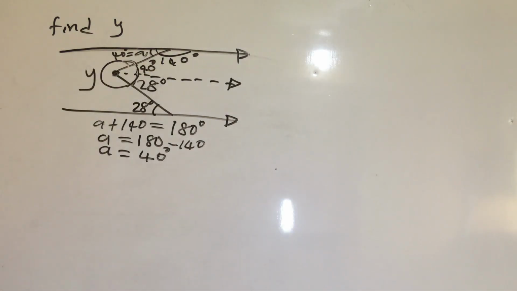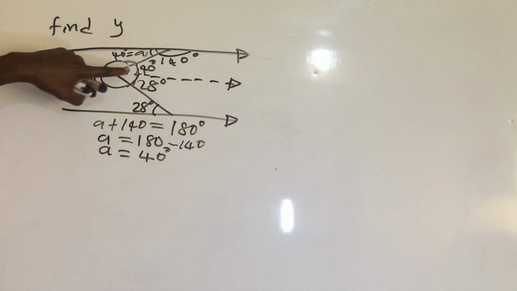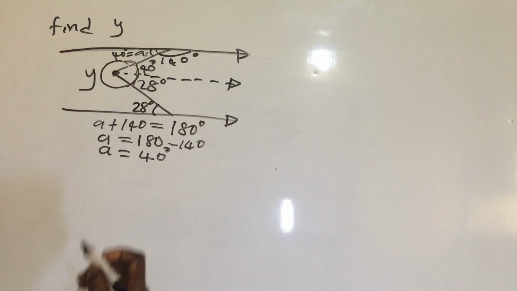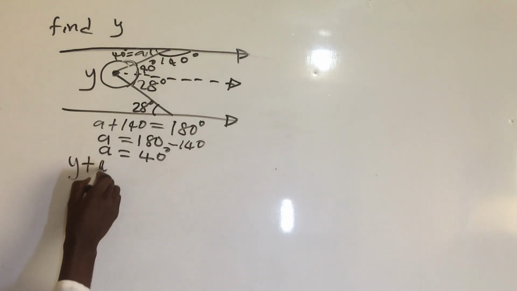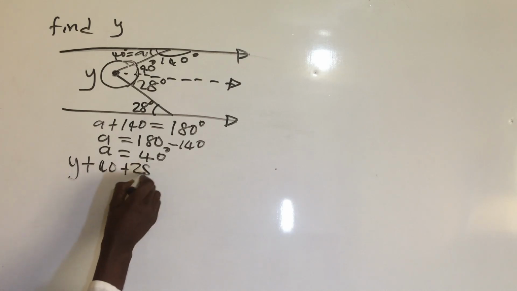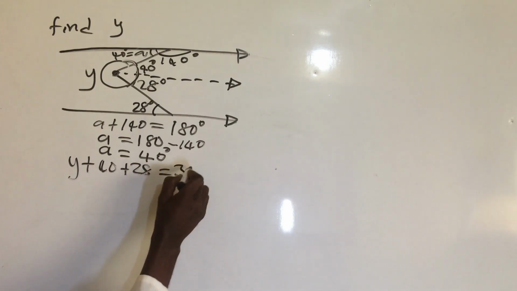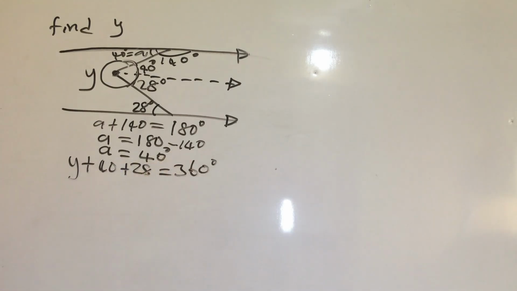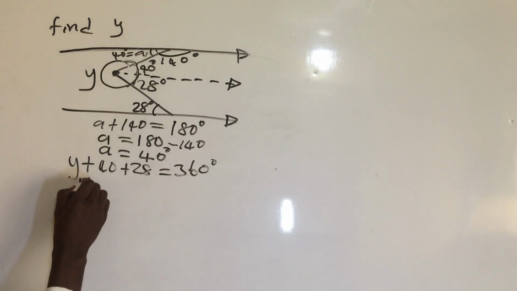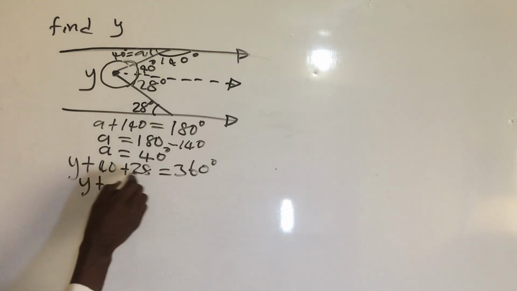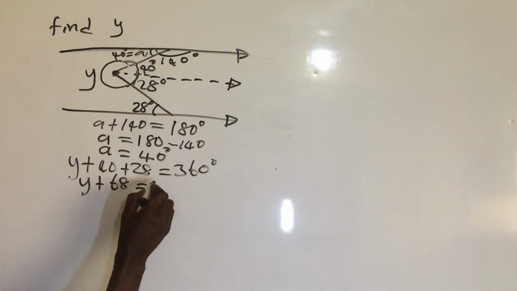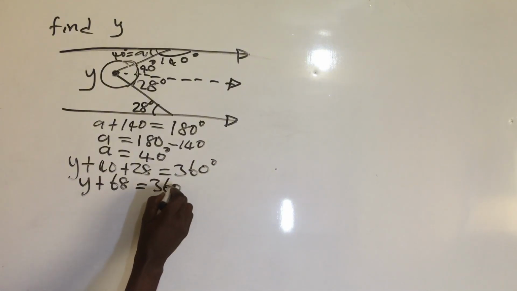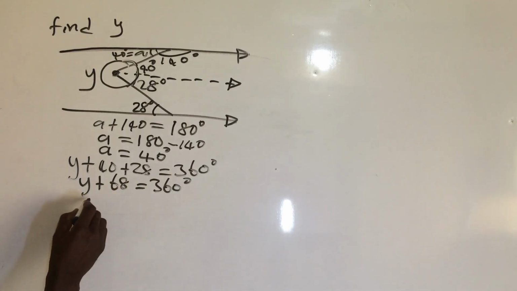And if that is so, we now know that angle y, which we are looking for, plus 40 plus 28 will give us 360. We now say angle y plus 40 plus 28 will give us 360 degrees, okay? Which will now have y plus 40 plus 28 is 68, which will give us 360 degrees.